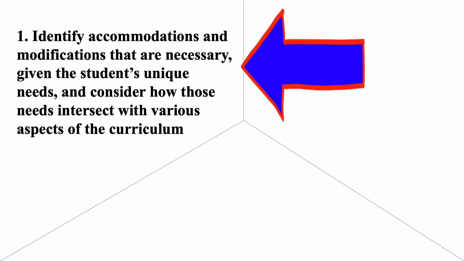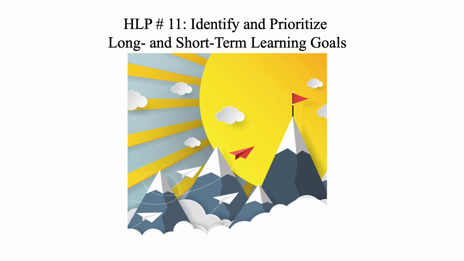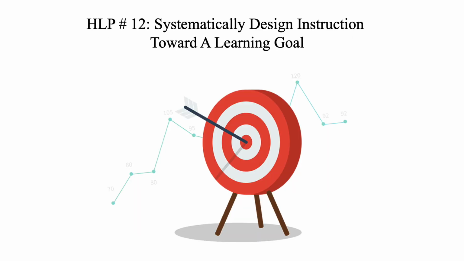The first component of this HLP is to identify accommodations and modifications that are likely to support student success given the goals and objectives listed in the IEP, and areas of the curriculum where the student is likely to struggle. Other HLPs that are relevant here include HLP 11, setting short and long-term learning goals, and HLP 12, systematically designing instruction toward learning goals.